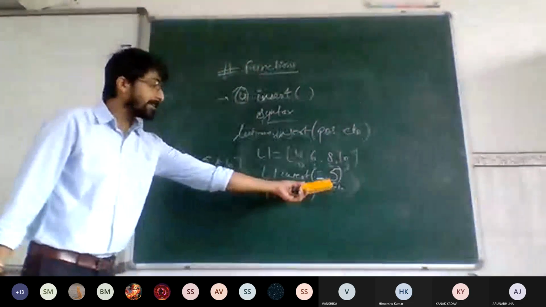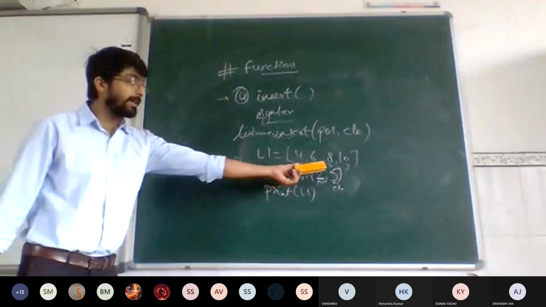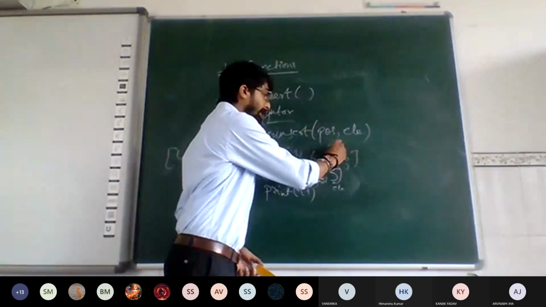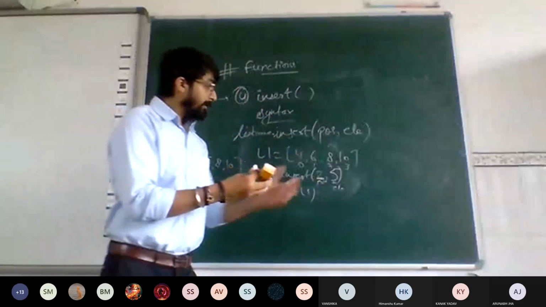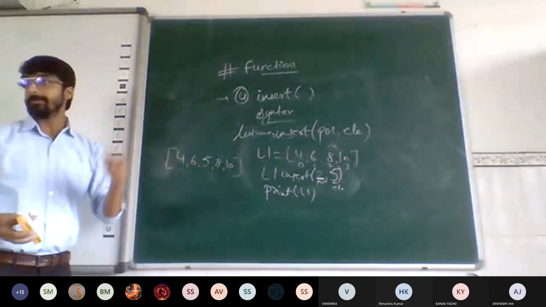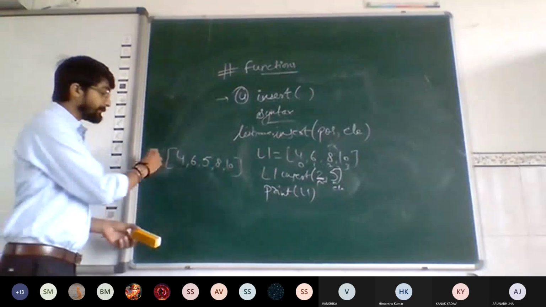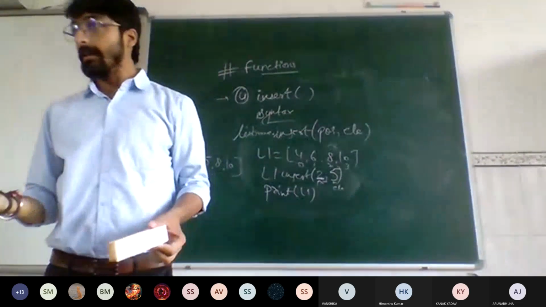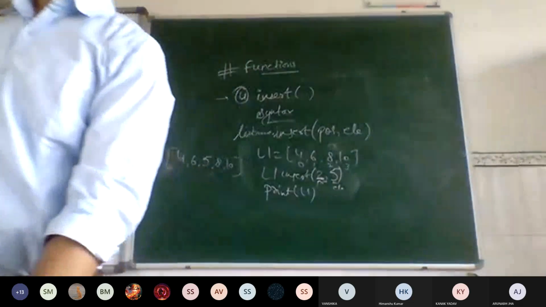Right? We have to insert this element 5 at the second position. It is not that the element already at the second position will get replaced. It will get shifted to the right side and the element will get inserted in between. So this is the insert function, which will add an element in the list at the user's chosen position.